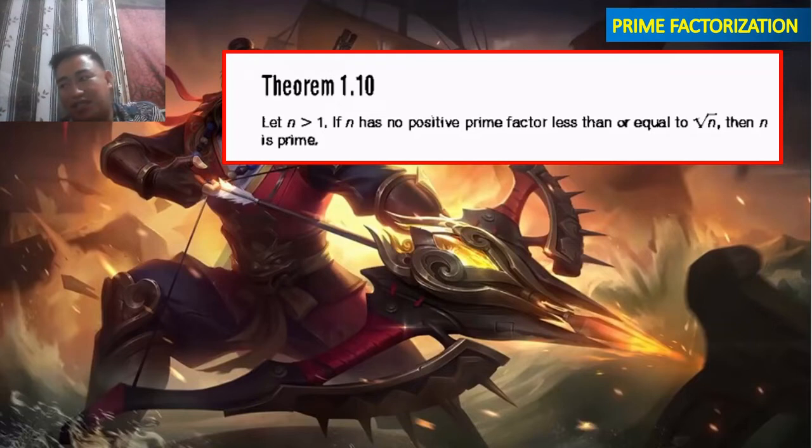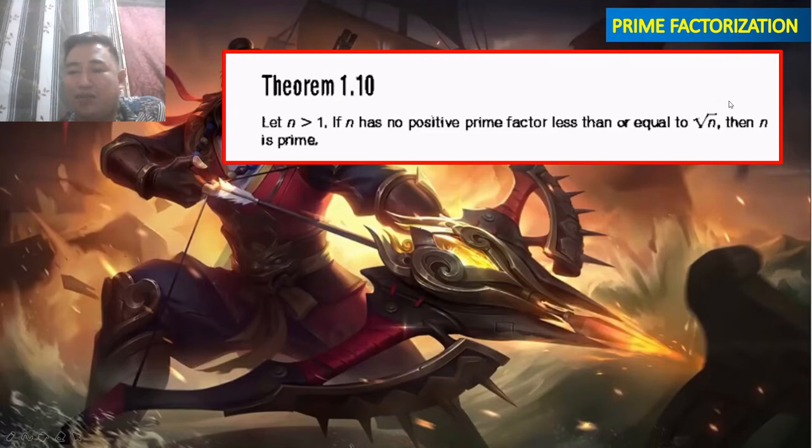Sige, i-try nato class si 49. Muna ka ito mga perfect squares class. Example, 49. Square root ni 49 is 7, which is prime factor class niya. Diba? So, si 49 class is not prime.